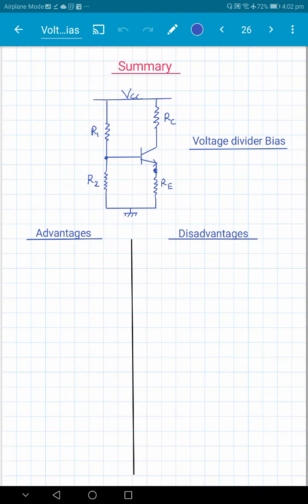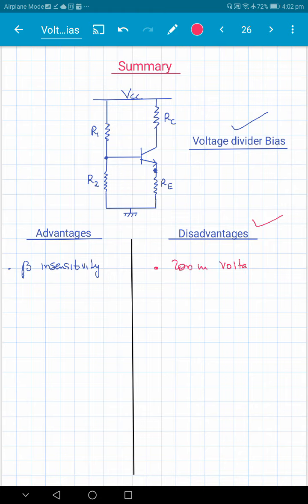All right, so as a summary, this very popular circuit, the voltage divider bias, gives us beta insensitivity, right? But we should also see that it has some disadvantages. So what are the disadvantages? There's a loss in voltage gain. And this loss is especially very large for smaller VCC, smaller supply voltage.